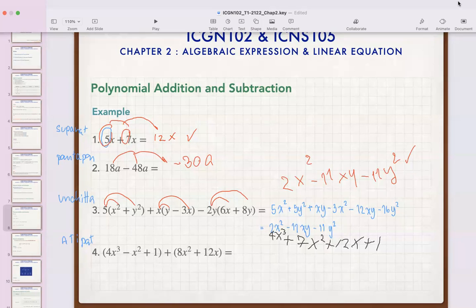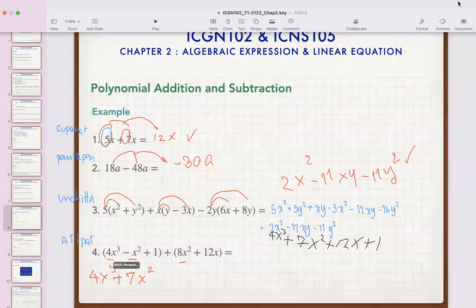And the last one, we have 4x cubed minus x squared plus 1, plus 8x squared plus 12x. In this one you can see that they are all additions and subtractions, so you can just take out the parentheses and then have the direct addition or subtraction of each like term. So for x cubed we have just one term, that is 4x cubed, and then for x squared we have 8x squared minus x squared, so we get plus 7x squared.